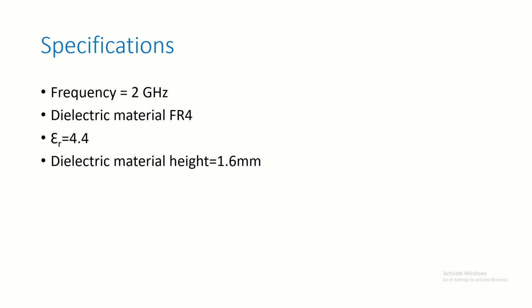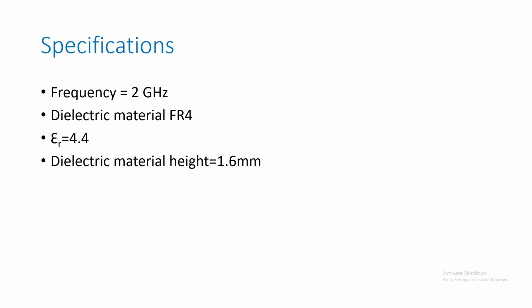Now, what we are going to do is we are going to design one model of a microstrip line in HFSS with these specifications. Okay, so the specifications are the frequency on which the line needs to be designed is 2 gigahertz. The material that you need to use is FR4.